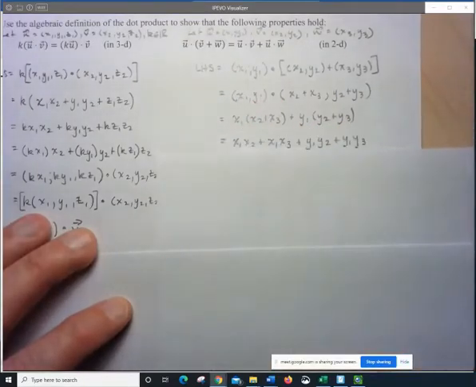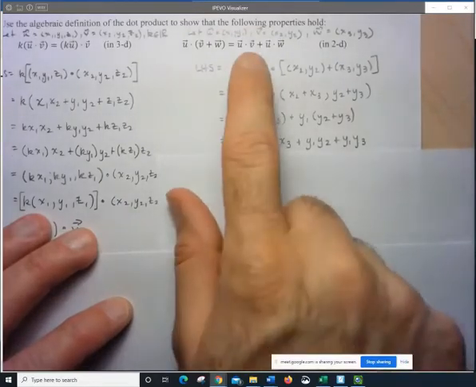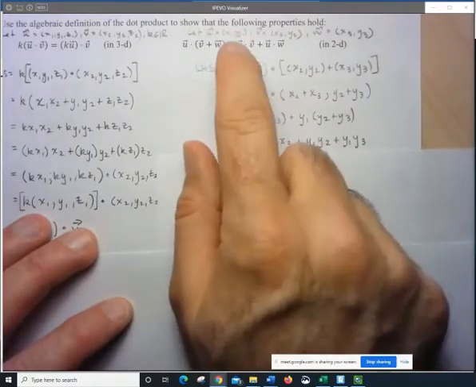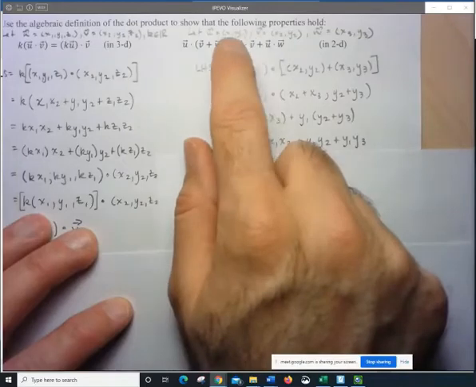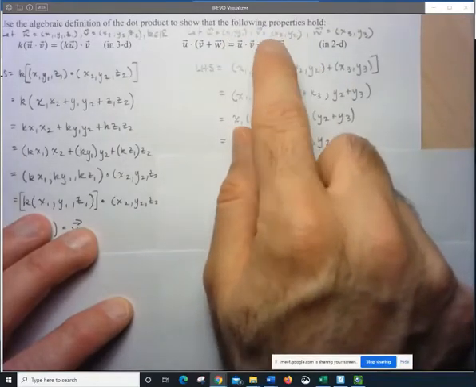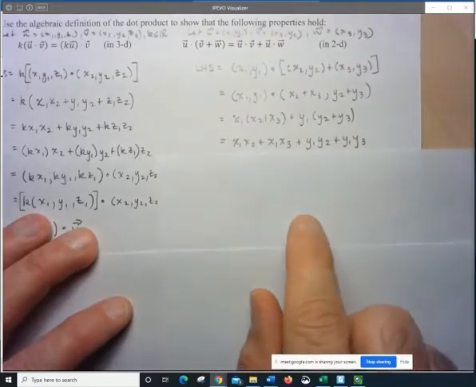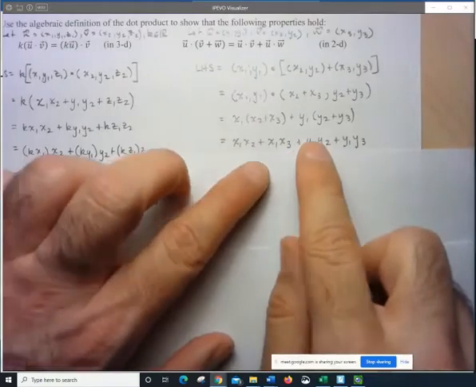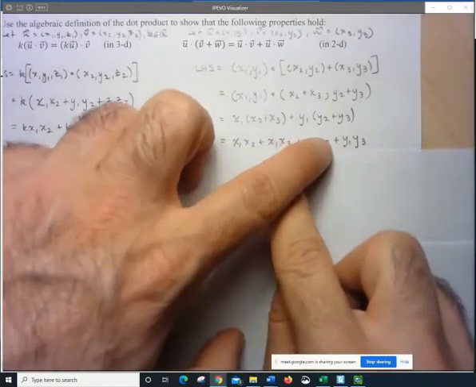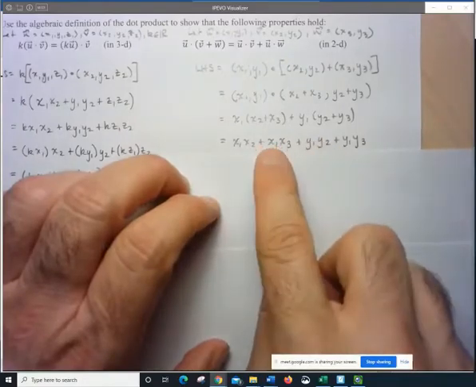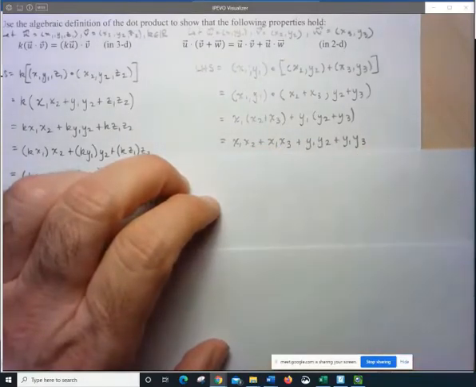But now let me again look to the right-hand side for some inspiration, and I realize what I want to do is group together expressions with u and v, and expressions with u and w. So all I'm going to do is use the commutativity of addition to move things around. I put all the things with 1 and 2 together and those with 1 and 3 together, so u and v, u and w.